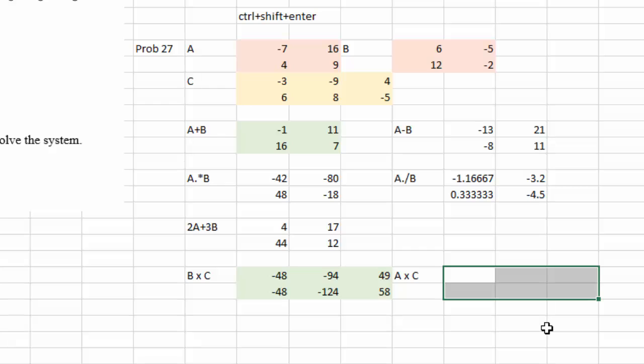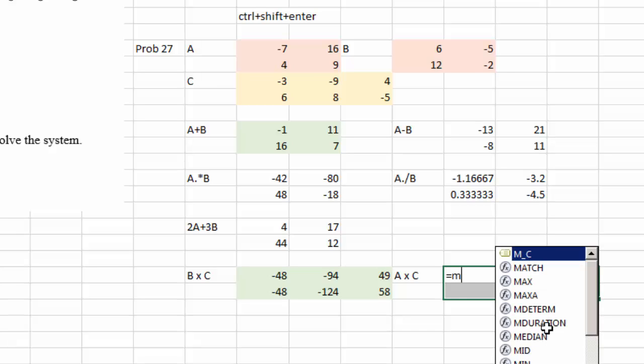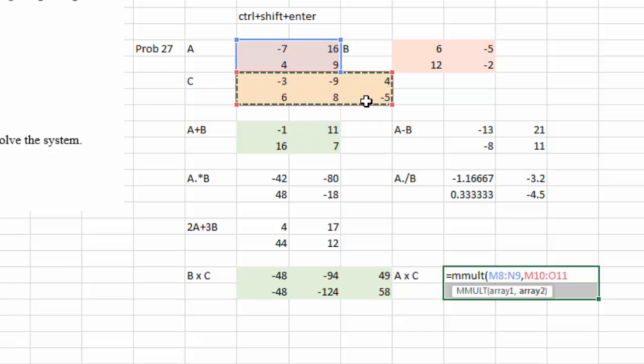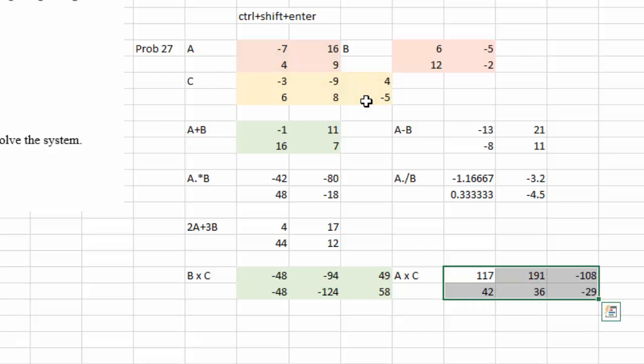And I need to call the MMULT function. And then I don't have to name anything. I can just highlight matrix A and then highlight matrix C. Don't forget Control-Shift-Enter. And that's the product of matrices A and C. So either way you want to do it.